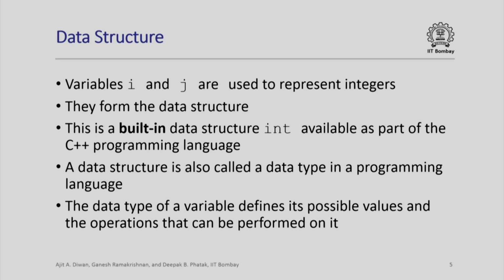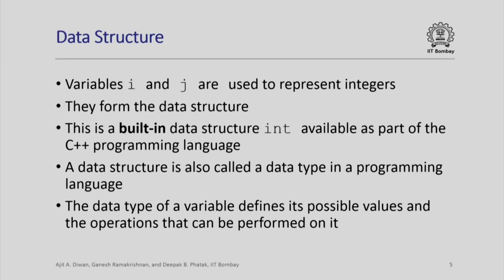Essentially, if you want to represent integers in a computer, you can use this built-in data type, which is readily available in the programming language. A data type is also another name for a data structure. In a programming language, we may say a variable has a certain type, and we can also call it a data structure for representing values.